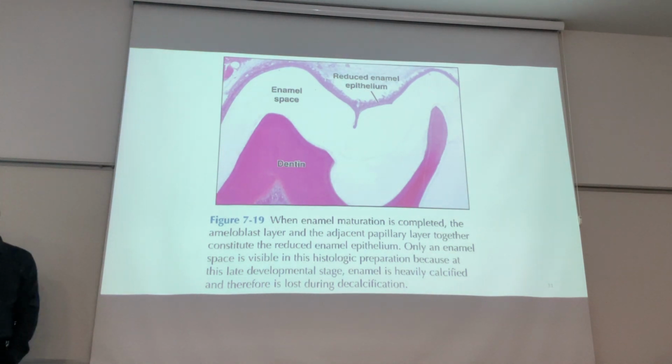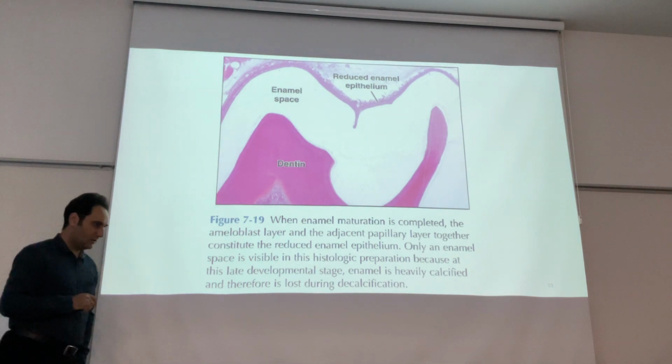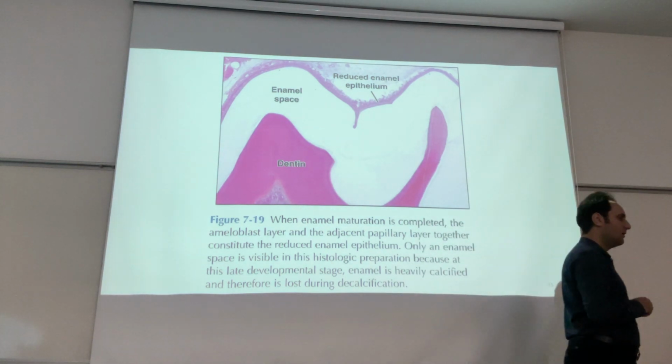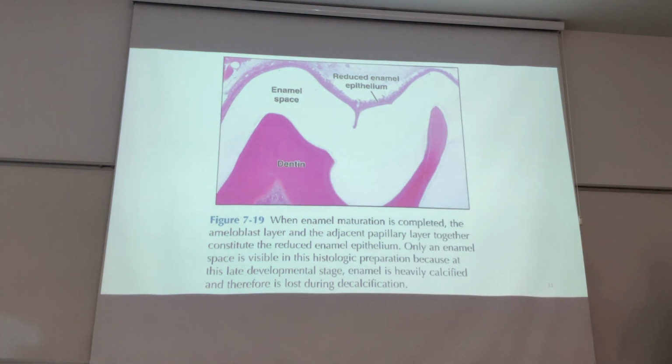You can see a section of tooth. Here we have the dentin in this part, and in this part we have the ameloblast. But why do we have this area instead of enamel? You can see it says enamel space, because in histology sections, for cutting this hard tissue, we can't cut the inorganic materials in the hard tissue like bone, enamel, and dentin.